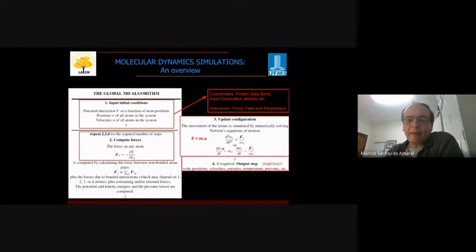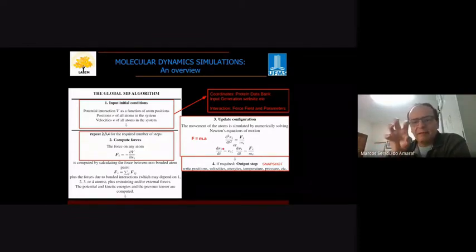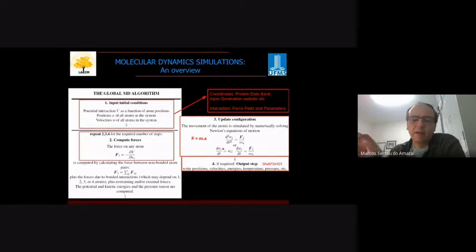And after that, I need to save information on disk. We call that a snapshot. You can save positions, velocities, energy, temperature, pressure, and other kinds of information on your hard disk. Okay, so this is the basics of molecular dynamics.